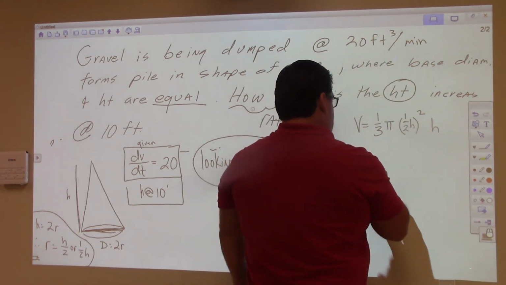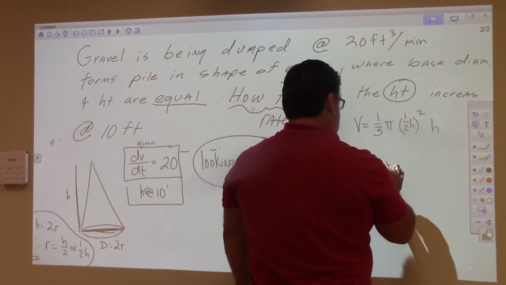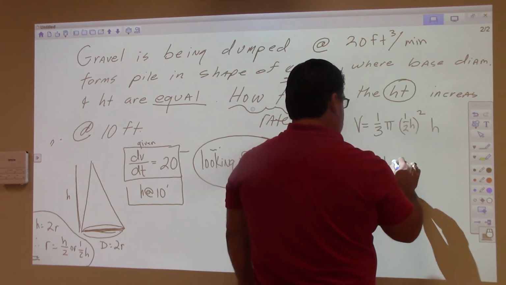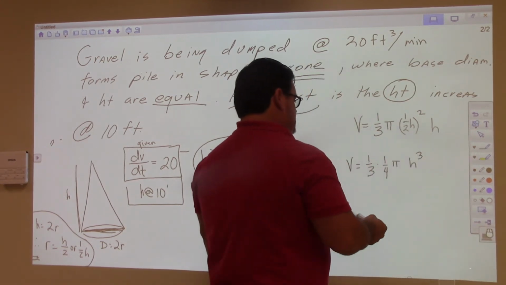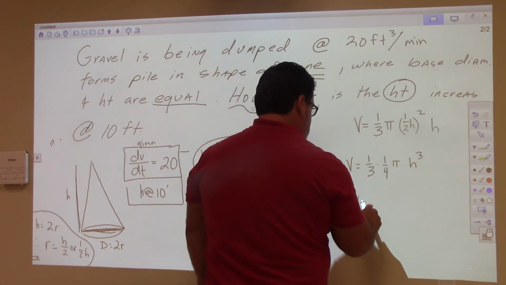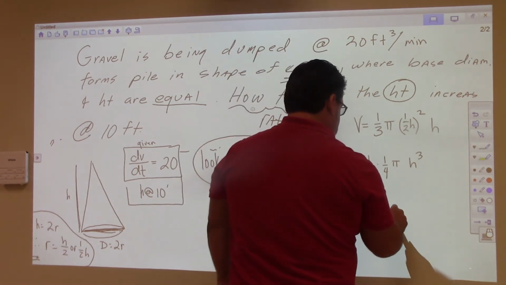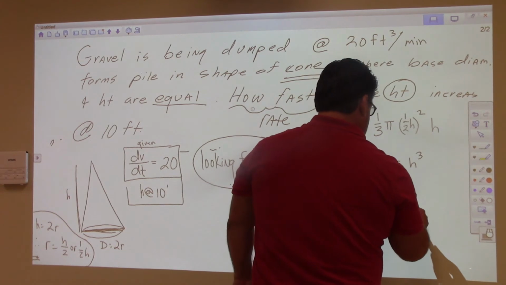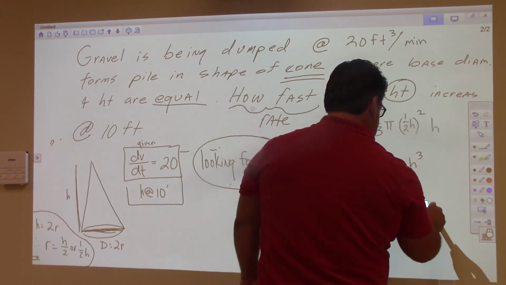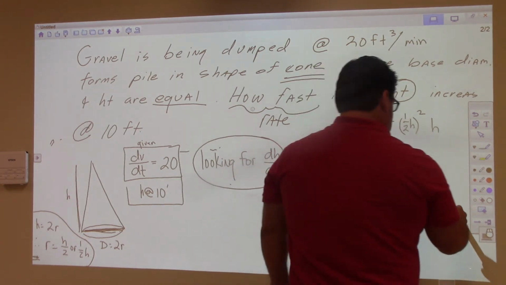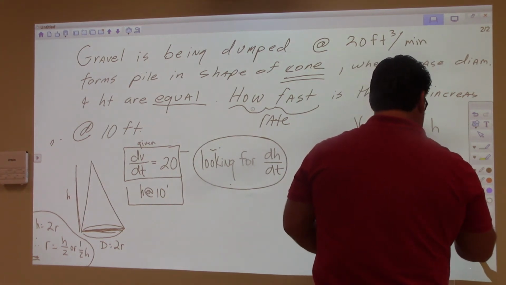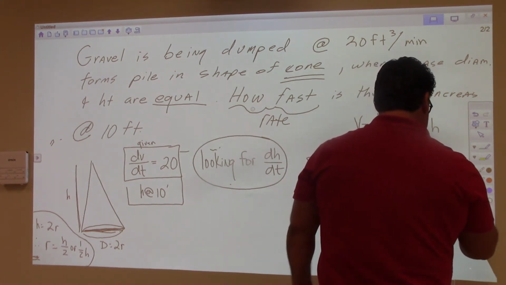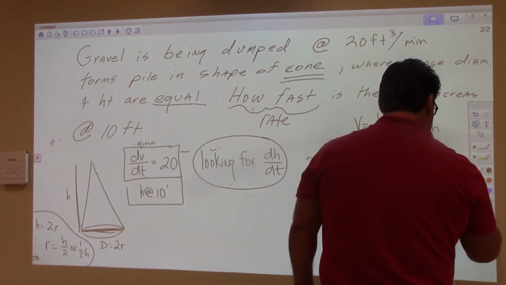So V is equal to 1/3 times 1/4 times pi times H to the third. V is equal to 1/3 times 1/4 times 3 over 1 times pi times, well, the 3 comes out front, that'd be H squared dH/dt.